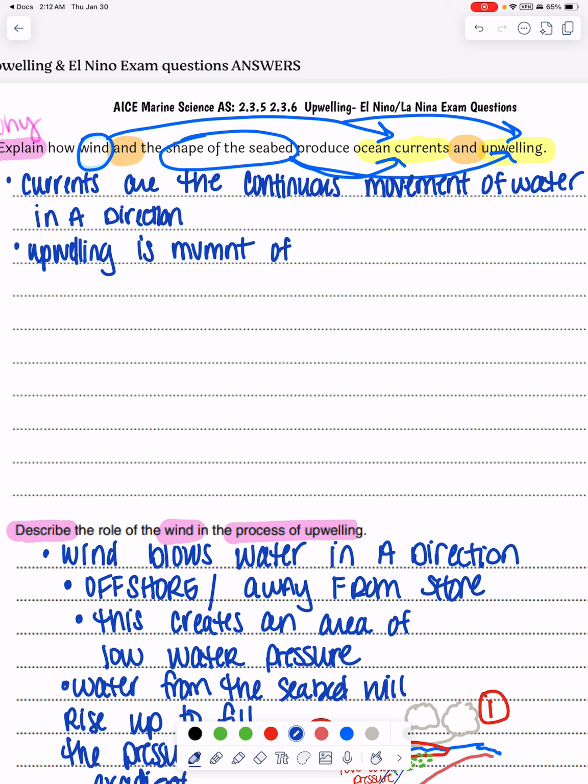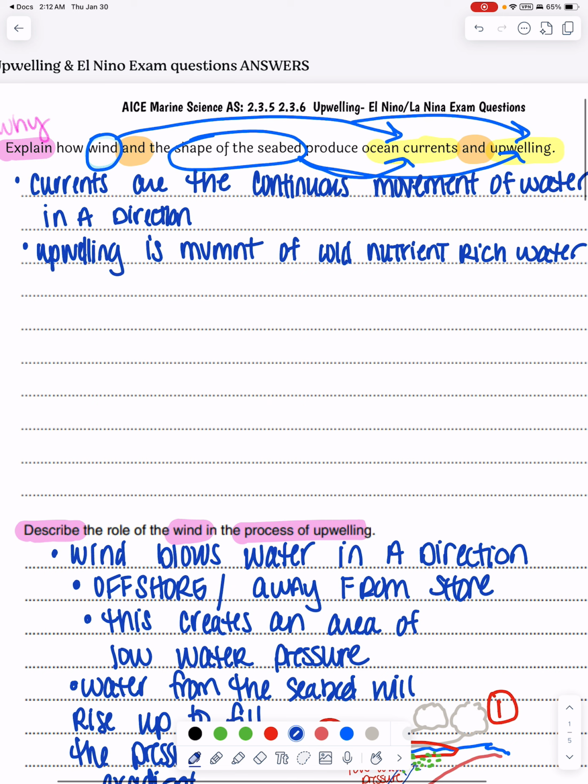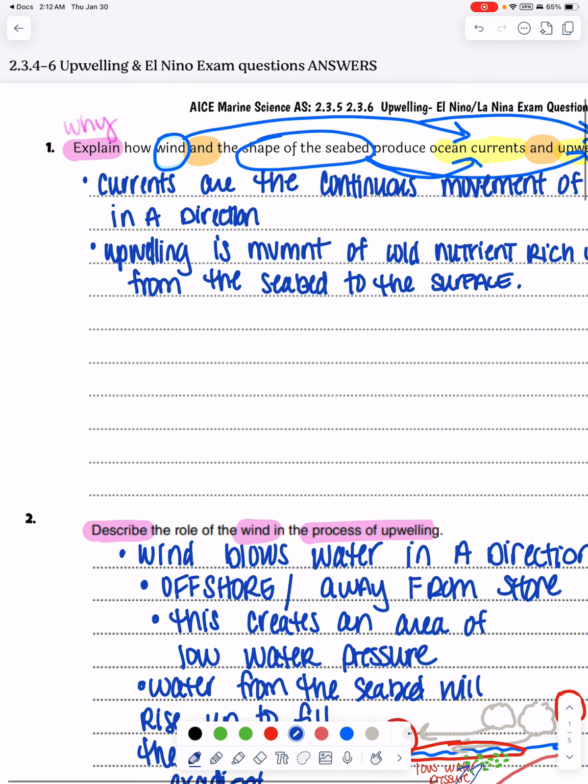Movement of cold, nutrient-rich water from the seabed to the surface. So the definitions.